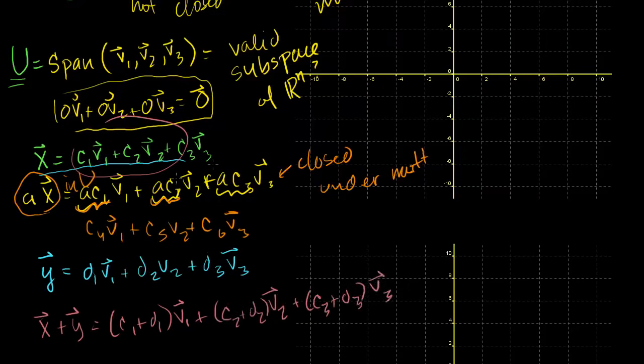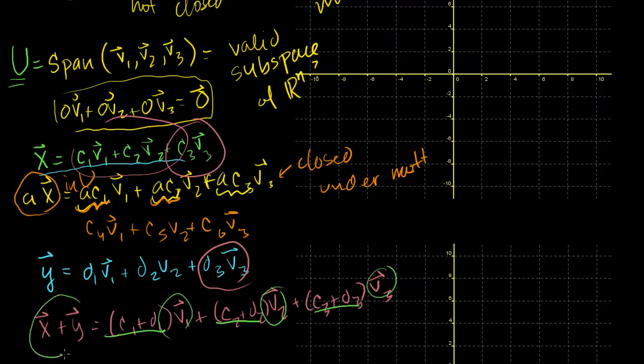You had a v3 here and a v3 there, so you just add up their coefficients. Clearly, this is just another linear combination. These are just arbitrary constants again, so this thing is just a linear combination of v1, v2, and v3.